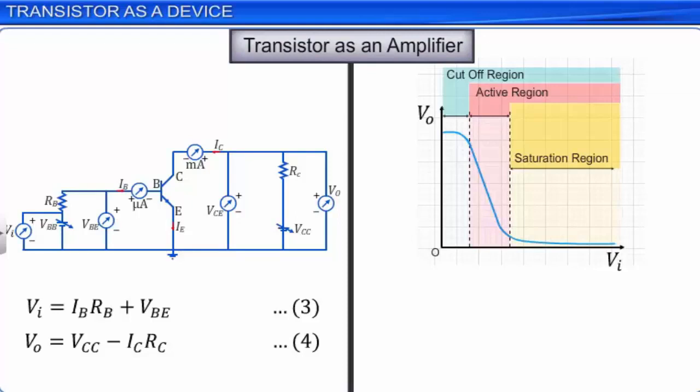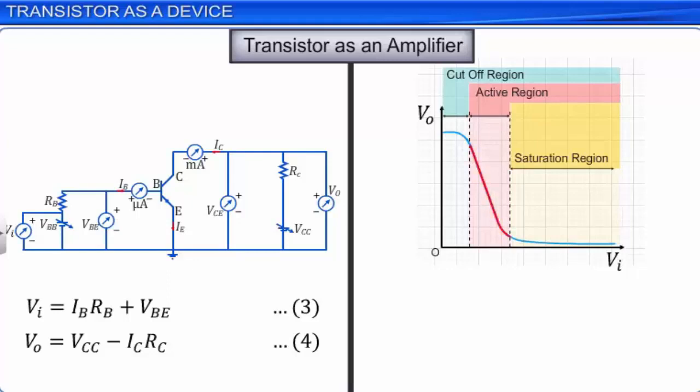If delta Vi and delta Vo are the small changes in the input voltage and the output voltage, then the ratio of the change in output voltage to the change in input voltage is called small signal voltage gain. That is, AV is equal to delta Vo by delta Vi. Let this be equation 5.